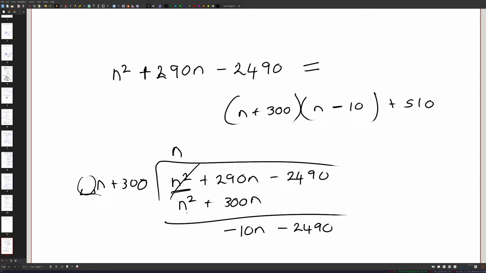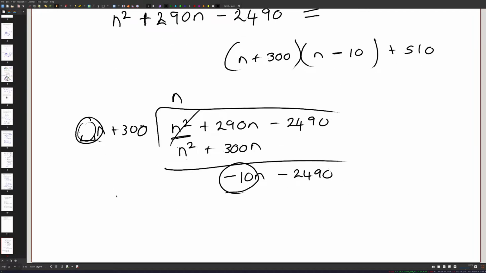Then I want to make these coefficients match up so that when I subtract them, this cancels out and I get something with a smaller degree. And so if I have a minus 10 over here, I'm going to get minus 10n minus 3000. And then when I subtract these, I'm just left with 510 as the remainder.